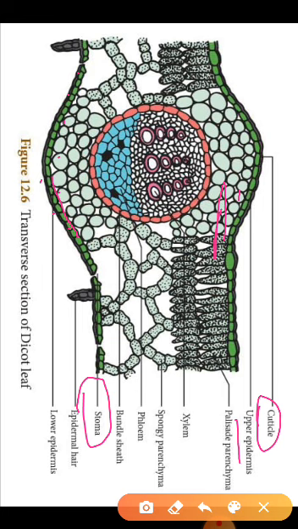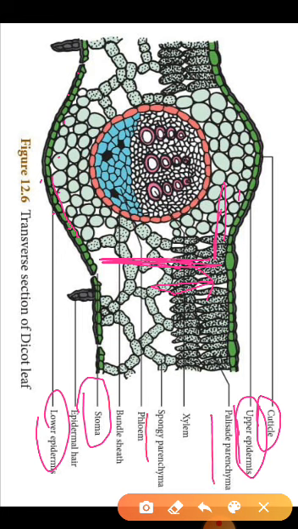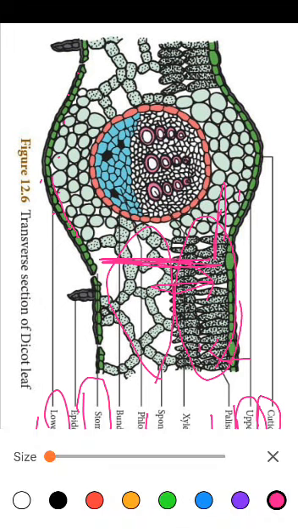Then mesophyll. Mesophyll, we already know, is the tissue present between the upper epidermis and lower epidermis. It is of two types, palisade parenchyma and spongy parenchyma. Palisade parenchyma is present just below the upper epidermis.